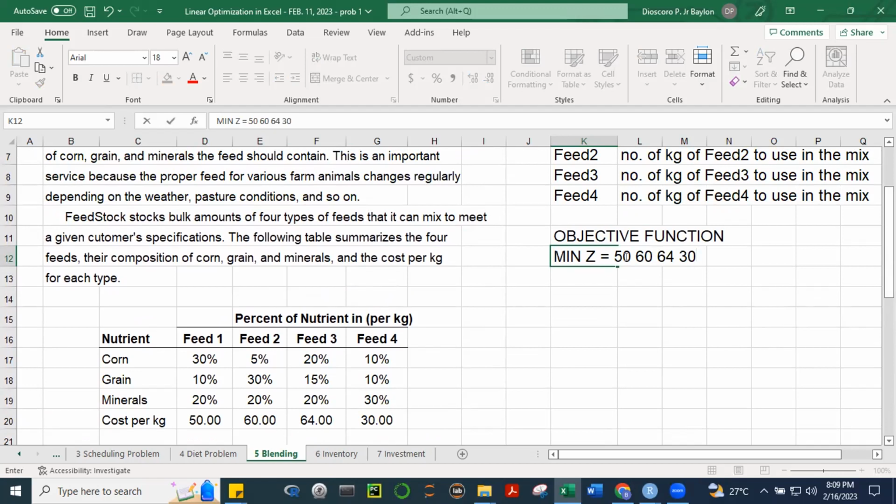Okay, so this is 50 times feed 1, plus 60 times feed 2, plus 64 times feed 3, and then another 30 times feed 4.